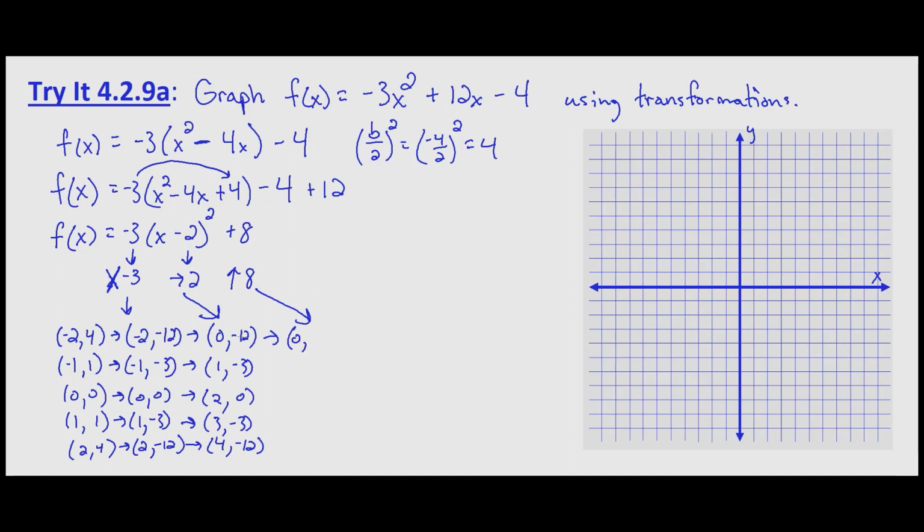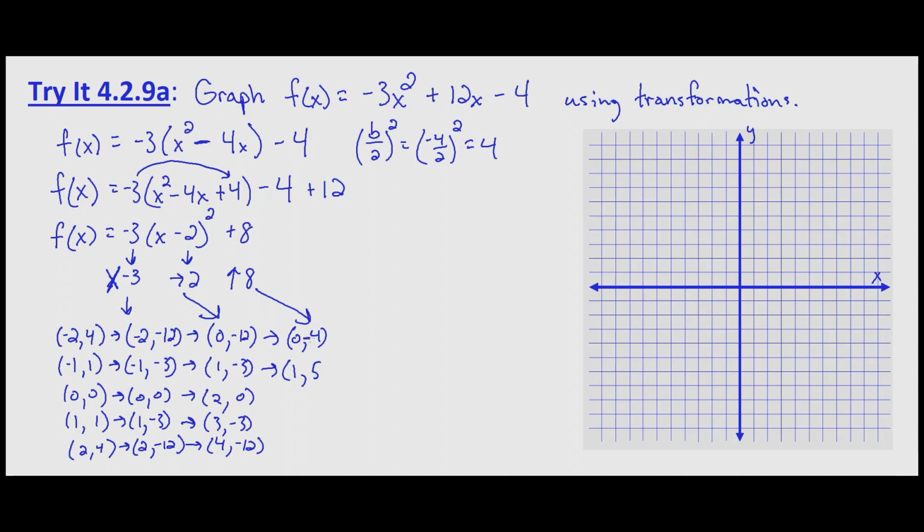And then last but not least, we'll apply the vertical shift up 8 units. So 0, negative 4. Negative 12 plus 8 is negative 4. 1, negative 3 plus 8 is going to be 5. Forgot to put that negative in there. I said it, but I didn't write it.